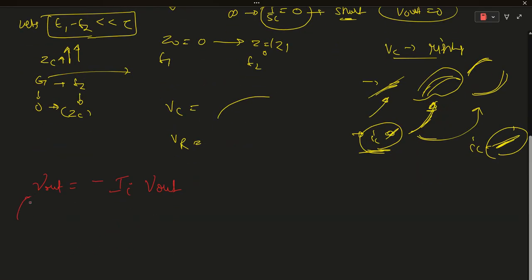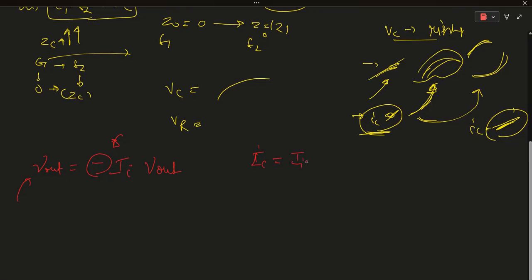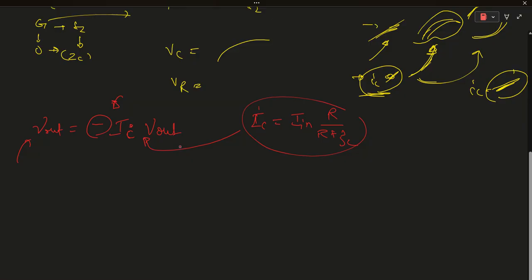This is the relationship. So we can say the output voltage is negative, as this negative voltage is shown by this negative current, and IC has a relationship with I in: R upon R plus SC. This is our IC. We can put it here.